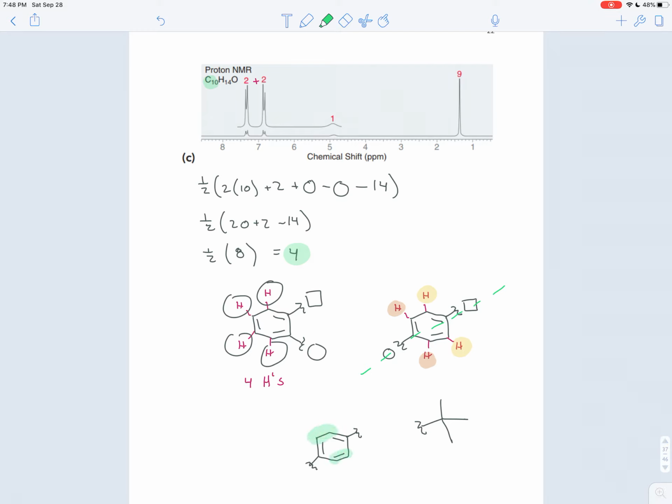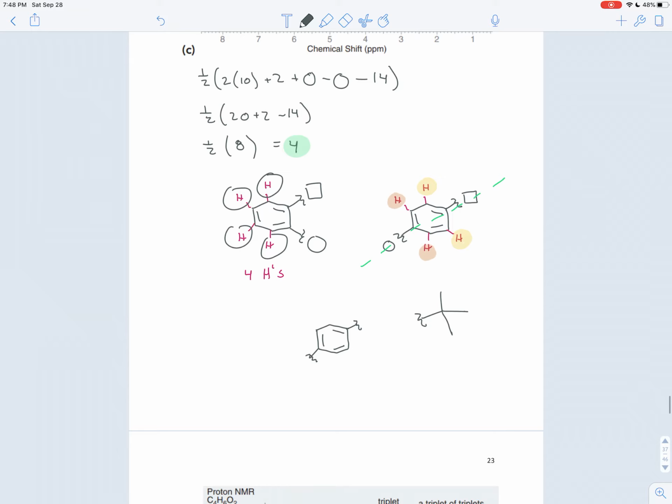So far we've used 4 hydrogens on the benzene ring and 9 hydrogens in the tert-butyl group. So we have just 1 hydrogen left over. And we have not used any oxygens, so we have an oxygen. So all we have left is an oxygen and a hydrogen.